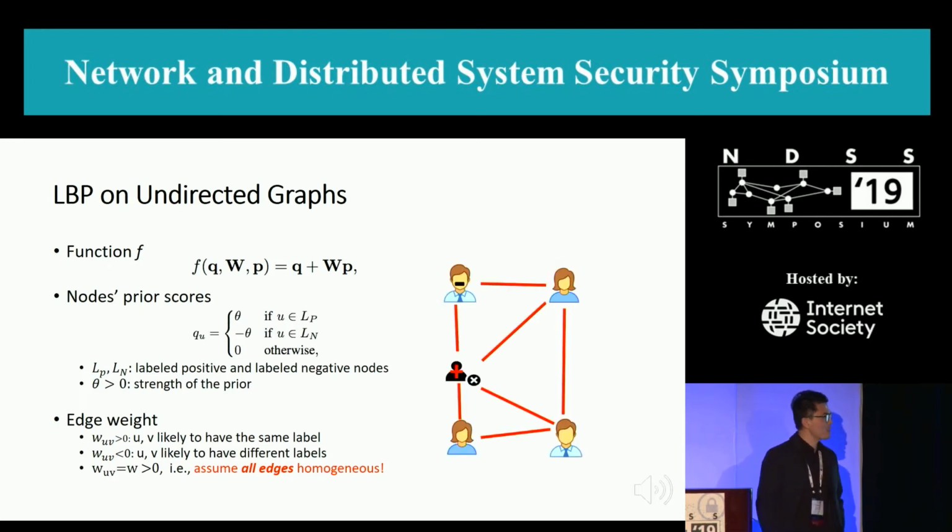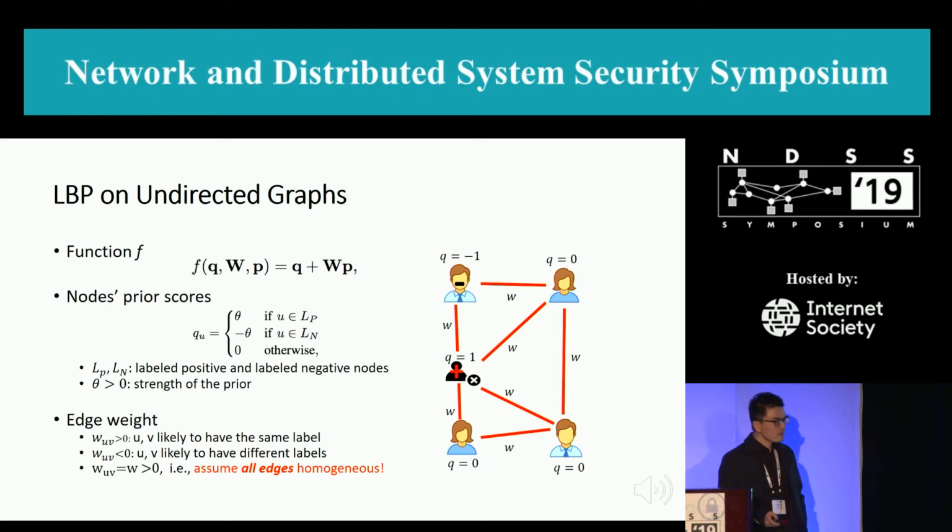Let's see a toy example here. We assign a prior score of 1 to the labeled malicious user, and we assign a negative prior to the benign user. For the unlabeled nodes, we assign a prior of 0. Then we assign an equal edge weight to all edges.